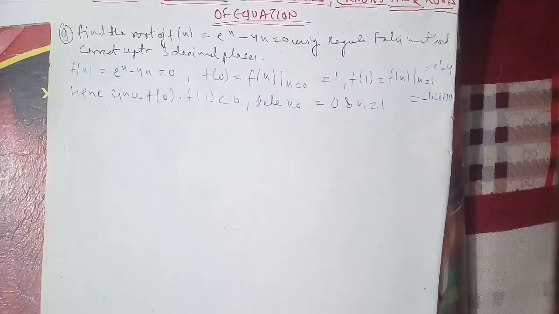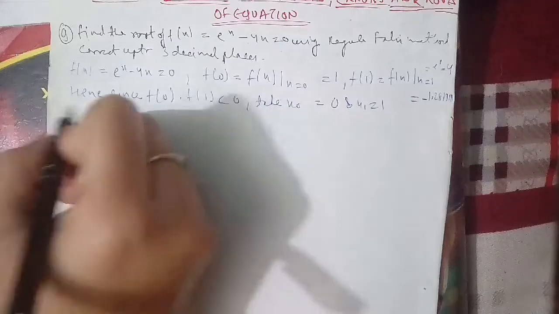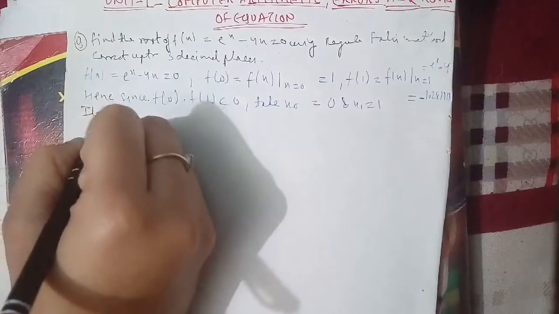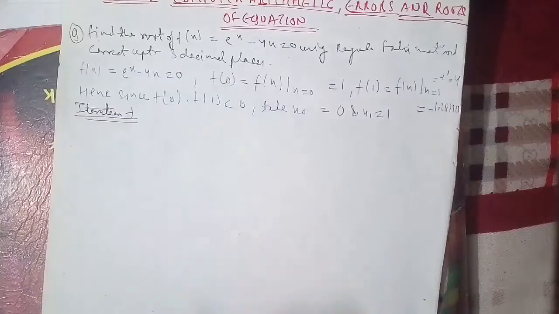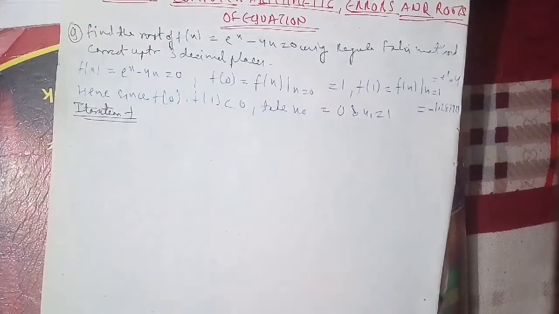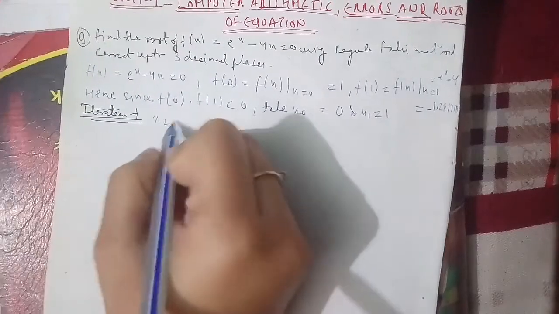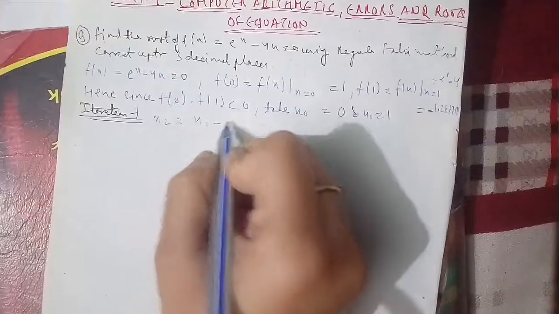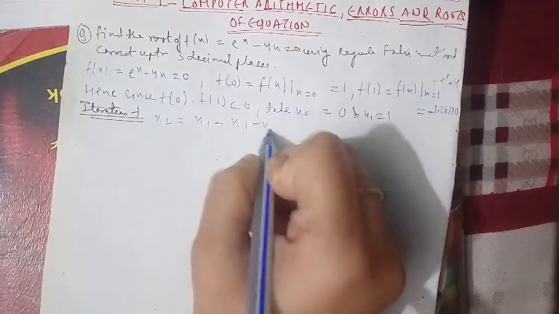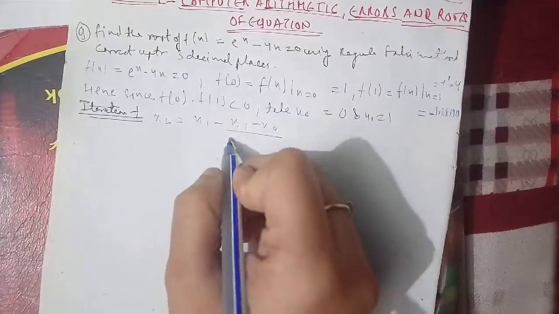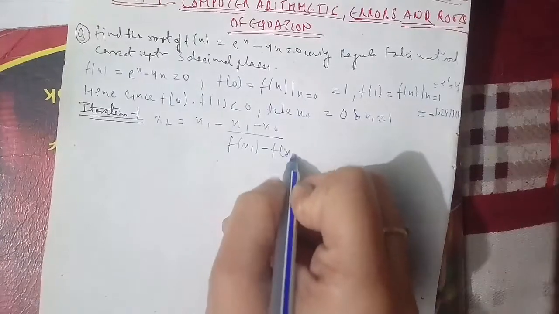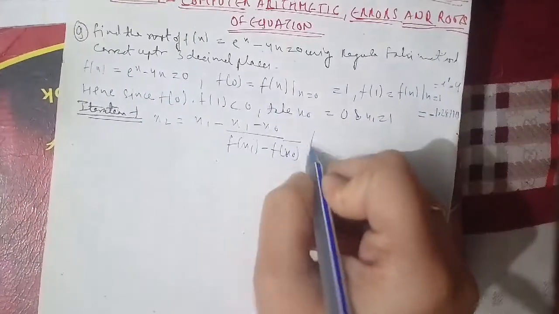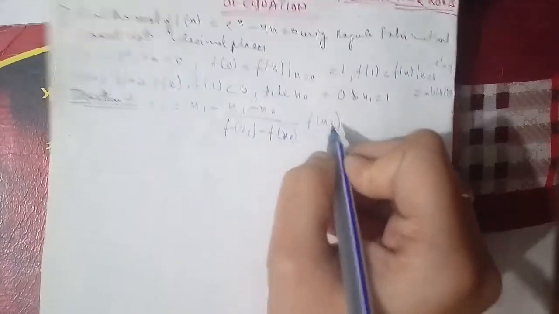For iteration 1, x2 = x1 - (x1 - x0) / (f(x1) - f(x0)) * f(x1).